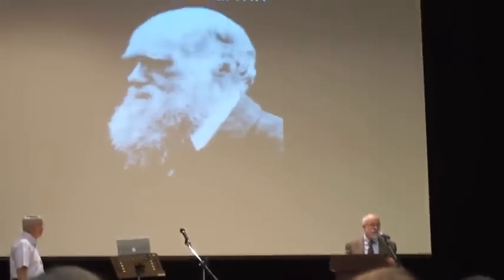I think the eye is a good place to start because it shows us the difference between what we knew about life, what we knew about biology in Darwin's time, and what we know about it now. In 1859, Charles Darwin, of course, proposed his theory of evolution by natural selection.